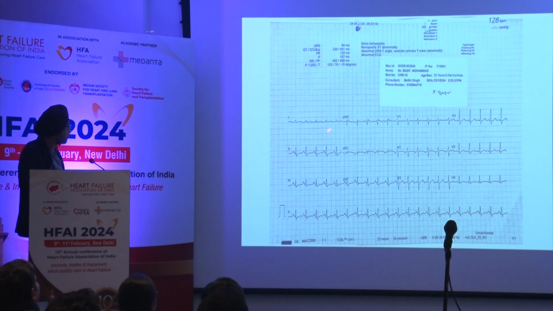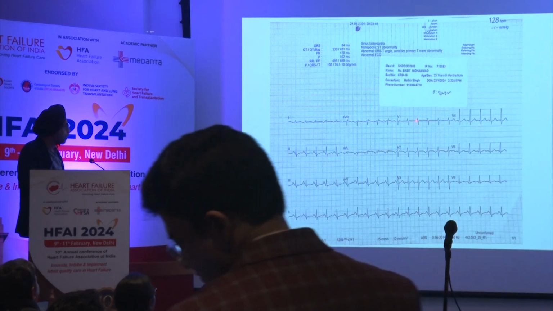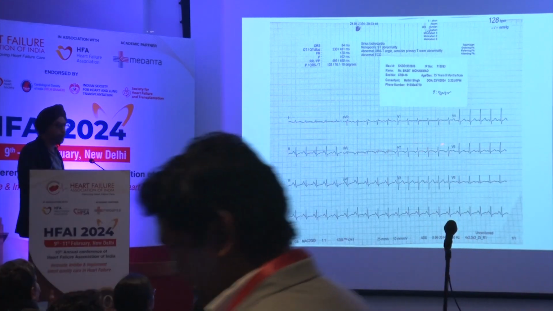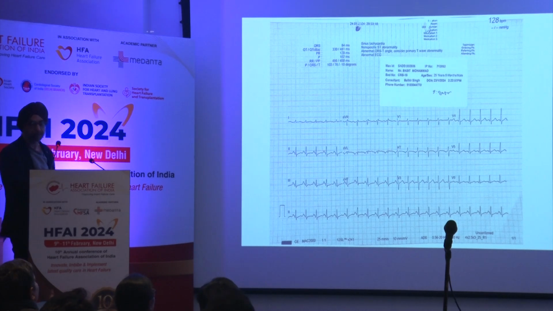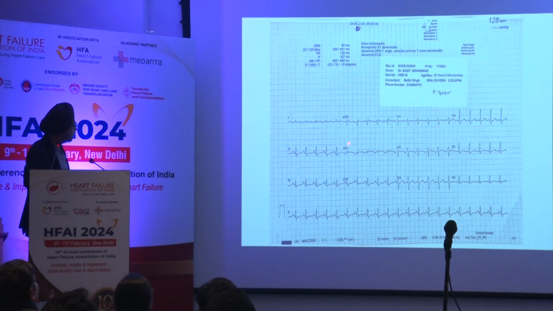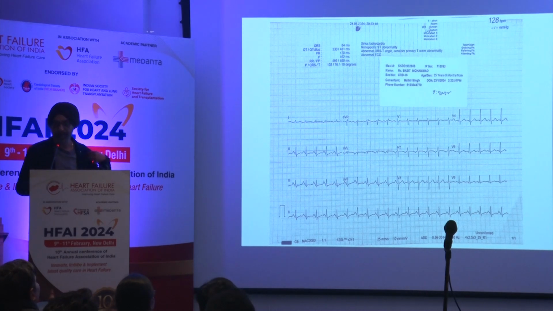He has lead 1, which is negative. You have very peculiar kind of a P wave in 2, 3, AVF. V1 is kind of flattish, V2 is negative. Okay. Now, if we try to decipher this, if you look at lead 1 and AVF, they are leftward leads. So extreme leftward leads are 1 and AVF.